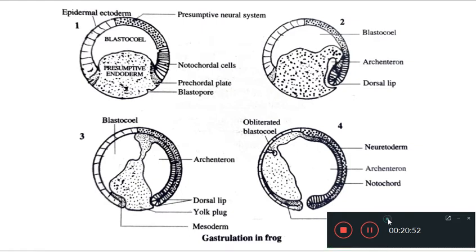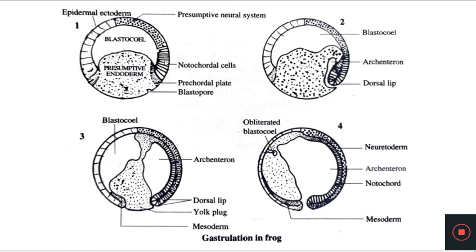Next is the rolling in of the next area. So this is the first area to roll in. So automatically this will be the second area to roll in, and that is the precaudal plate. So the precaudal plate will now roll in. Now this is followed by the prospective notochord, and the tail mesoderm is also there.